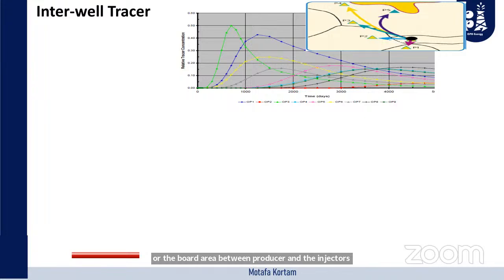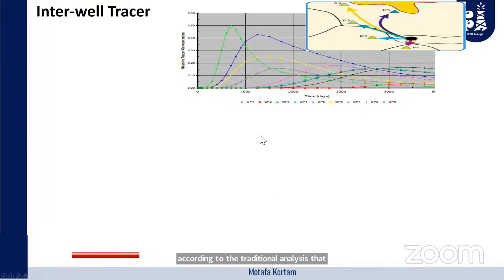It assists in understanding several implications: the volumes, the connected volume, the connectivity, which well responded to the injector, and the breakthrough time. So if, for example, we apply your application, we will know which well will respond first and which well will respond late, according to the tracer analysis we have generated.